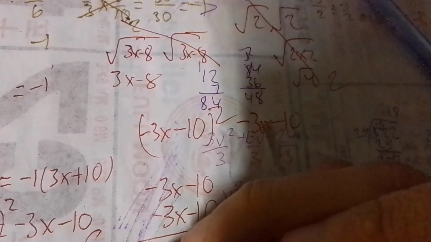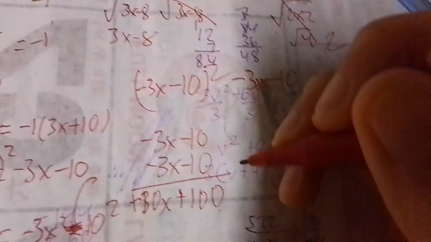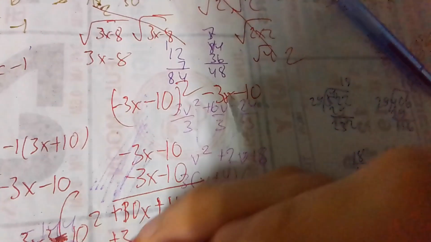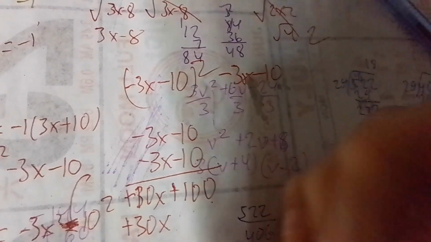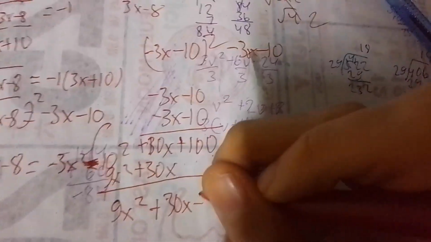Negative 10 times 3x, that's negative 30x. Negative 3 times negative 10, that's positive 30x again. And 3 times 3 is 9x squared. Very good. And now we have 9x squared plus 30x plus 100. Bring down 3x minus 8.